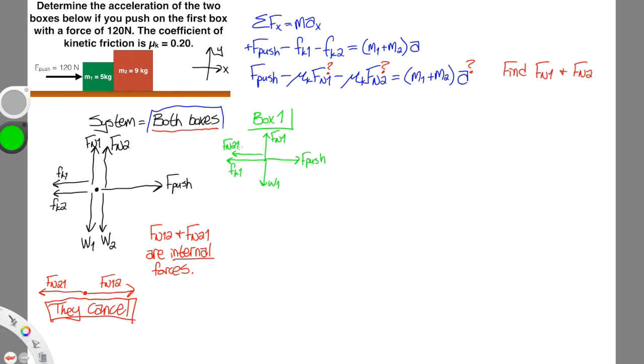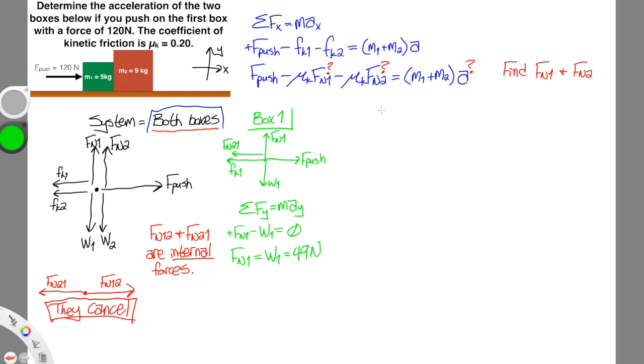But this won't really bother us because all we want is the normal force, Fn1, and that's in the y direction. And the y direction is simple. There's no acceleration in the y direction, so we have equals 0 on the right. And then just like before, we have positive Fn1 pointing up the positive y direction, minus weight 1 equals 0. So solving for this, normal force 1 equals weight 1, which we already showed was just 49 newtons.